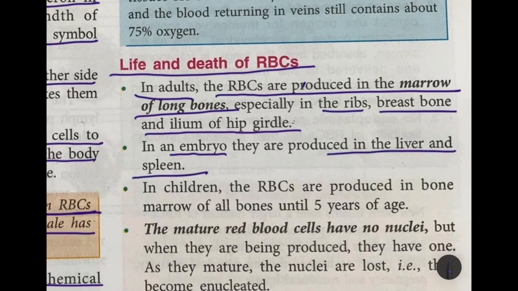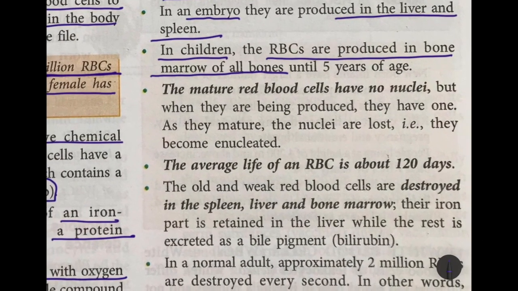In children, until they reach 5 years, the red blood cells are produced in the bone marrow of all bones, not only the ribs, the breastbone, or the ilium of hip girdle, but in the bone marrow of all bones. Now, the mature red blood cells have no nuclei. They do not have any nucleus.